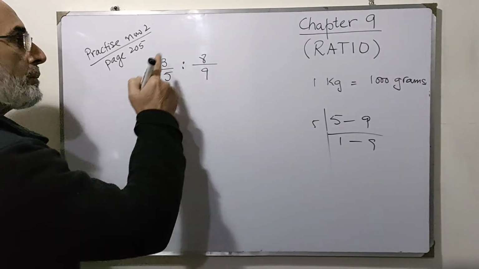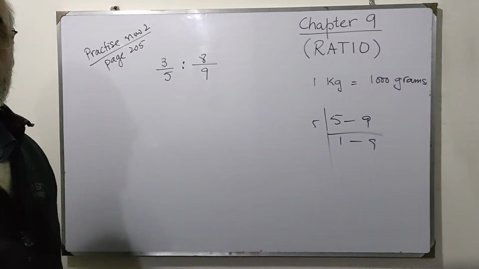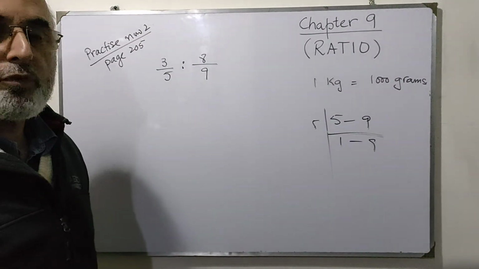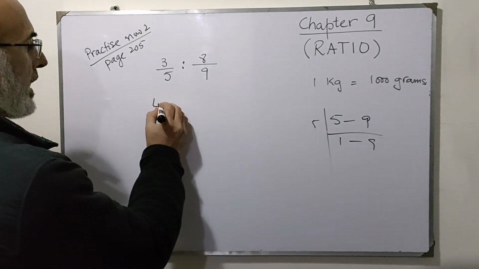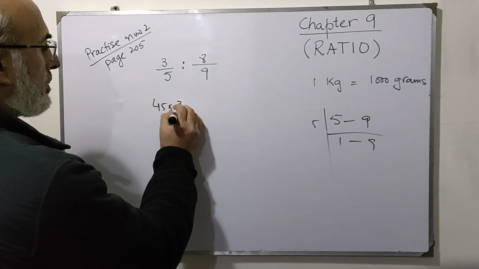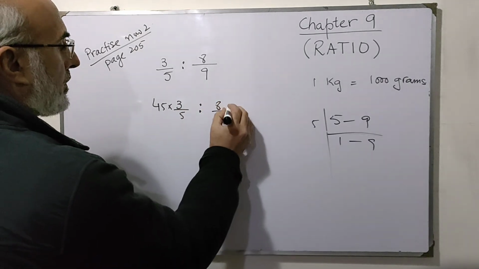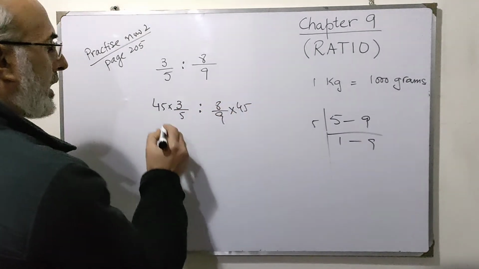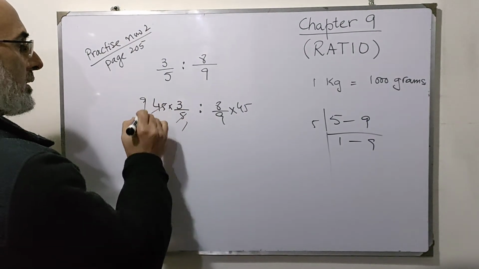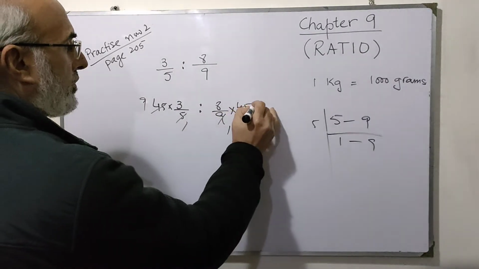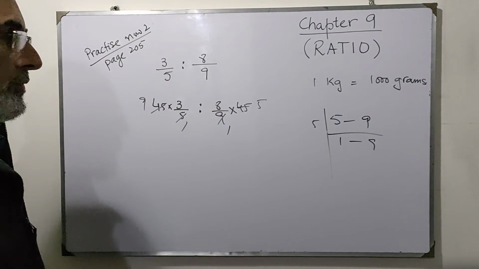So I am going to multiply both the fractions with 45. 45 into 3 by 5 is to 8 by 9 into 45. Okay, 5 nines are, 9 fives are. Now what do I have here?